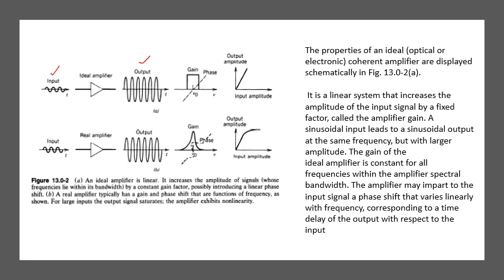A real amplifier typically has a gain and phase shift that are functions of frequency, as shown. So in the case of ideal, between the input amplitude and output amplitude, the variation is linear. But here the variation is non-linear, first increasing, then stopping. So this can be checked.